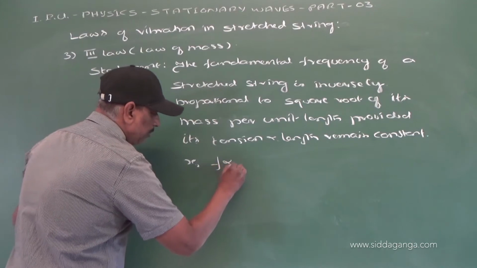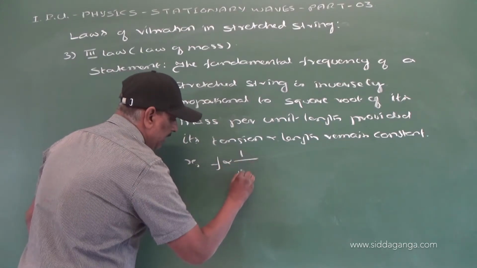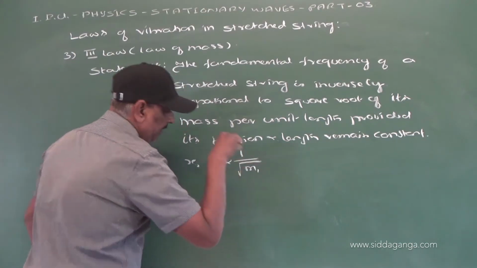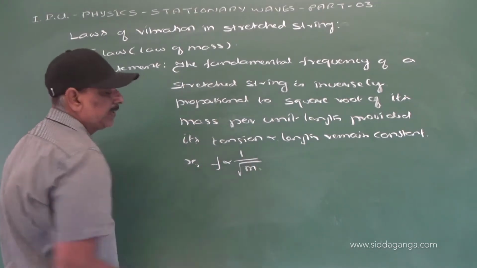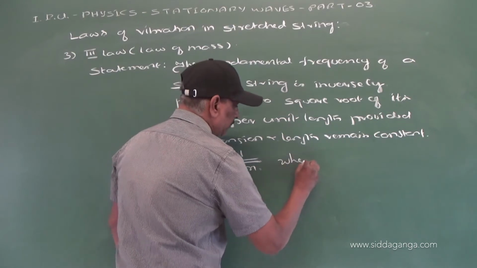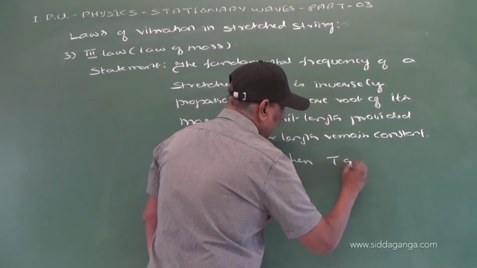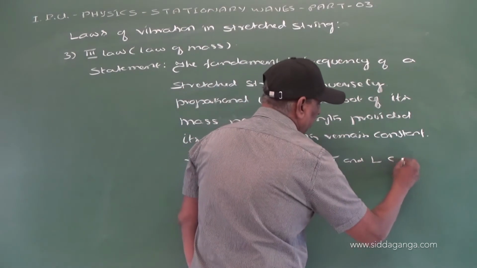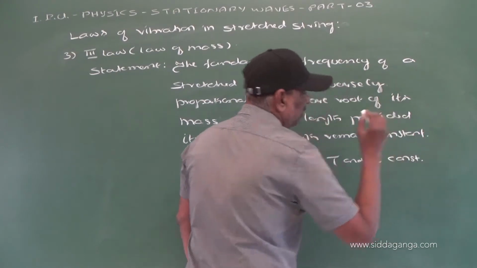F is proportional to 1 by square root of m, that is when T and L are constant.